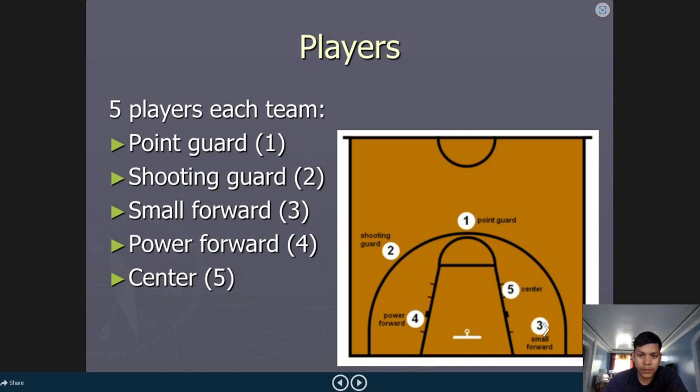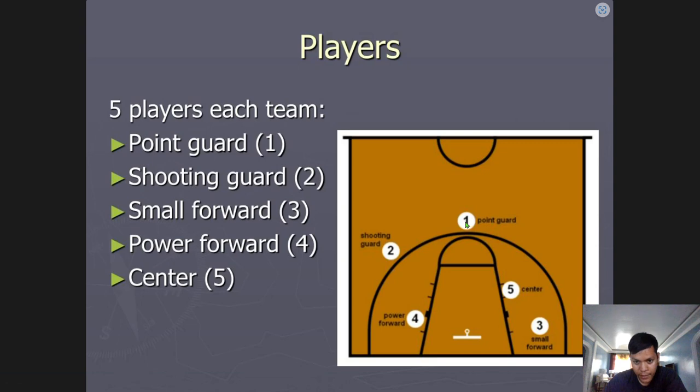As we can observe in different basketball games, the center is considered the tallest among the five players. The point guard and the small forward are not so tall, they are small and quick in dribbling the ball and also quick in running.